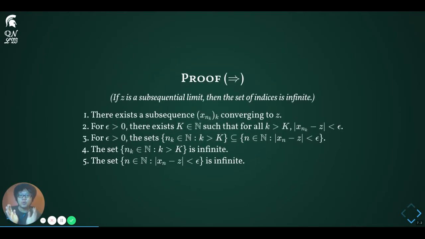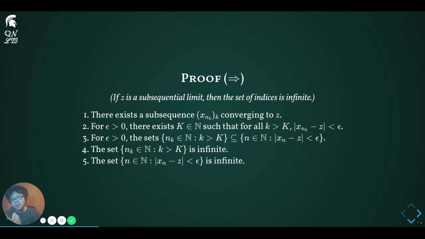We will prove the two directions of this theorem in this and the next slide. In this slide, we prove the implication that if z is a subsequential limit, then the set of indices for which x sub n comes within epsilon of z is infinite for any epsilon positive. To do so, we use the definition of subsequential limit. If z is a subsequential limit, there is a subsequence that converges to z.